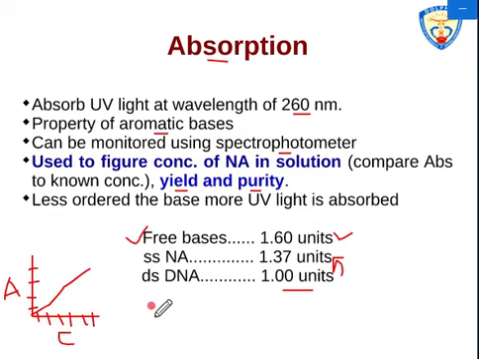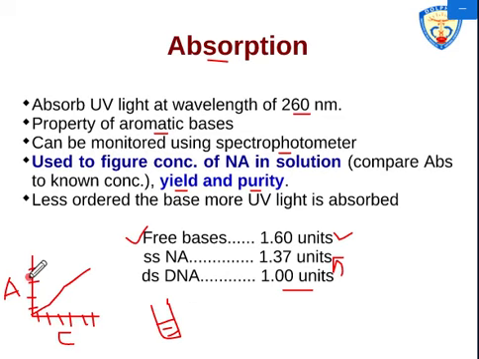Now if I give you a solution and ask you to find out the concentration of the DNA in this sample, you will use the property of absorption. You will find out the value of absorption at 260 nanometers minus the contaminations.